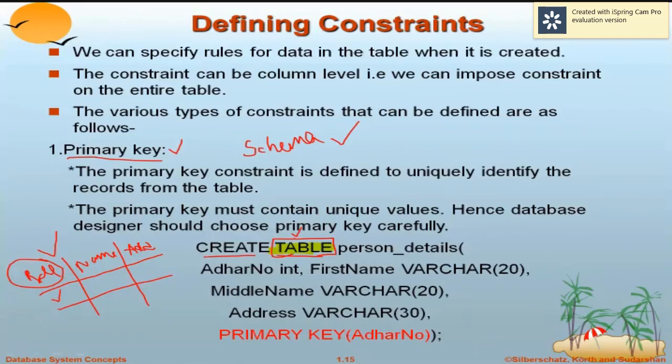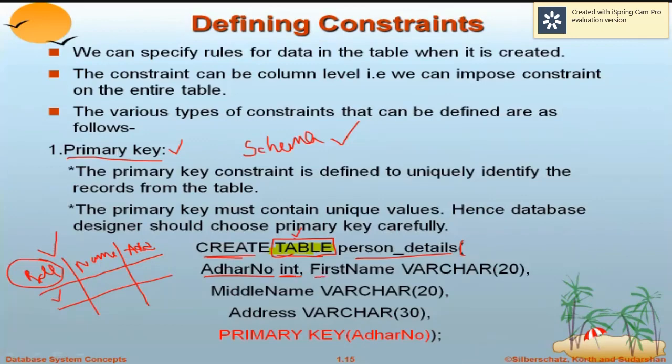Once you create the table whose name is person details, in brackets you mention the attributes of the table you are creating. For this table, I want the attribute Aadhaar number whose data type is int. Aadhaar number is a huge number, and the data type should be int; it cannot be small int.